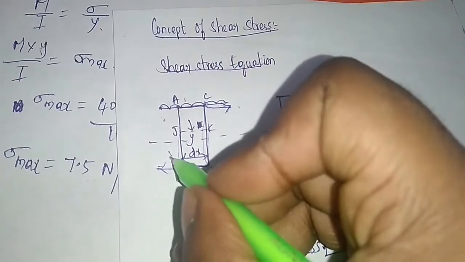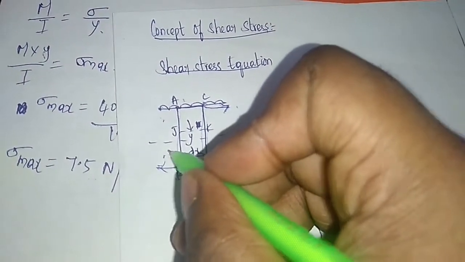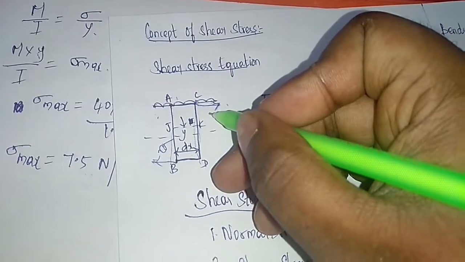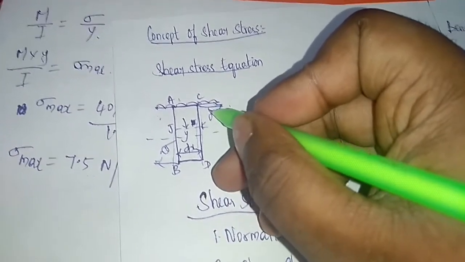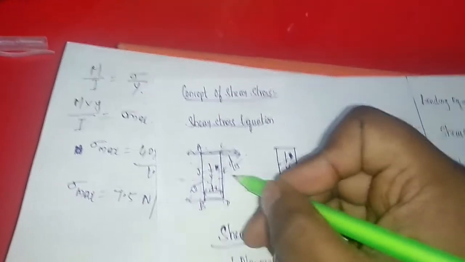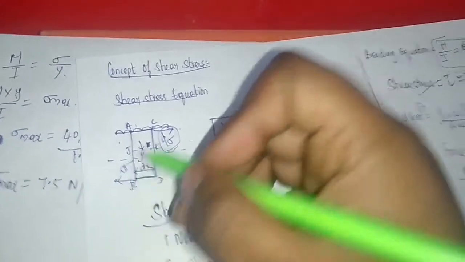If we take the stress in side AB as sigma, then in the side CD we are going to take the stress as d sigma. We are going to name it as d sigma, and the stress in the side AB as sigma.